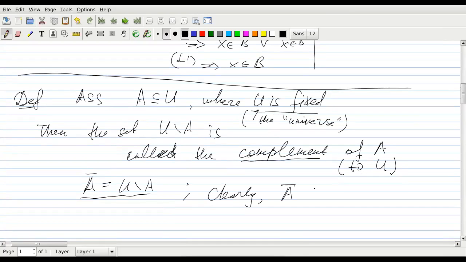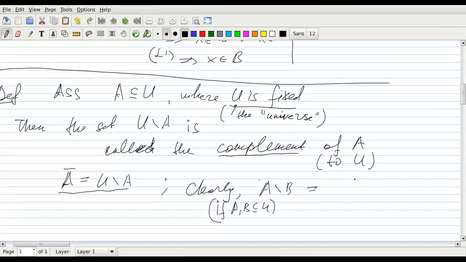A bar, clearly A minus B. If A and B are subsets of U, then A minus B, all elements of A which don't belong to B, this is the intersection of A and the complement of B. Is this clear or not?